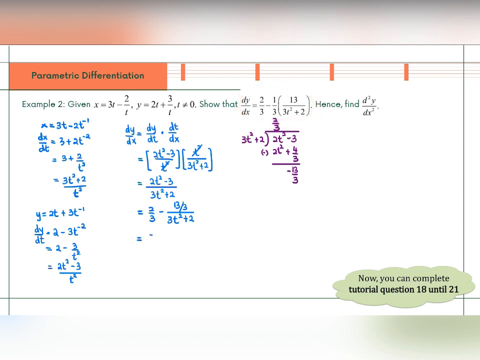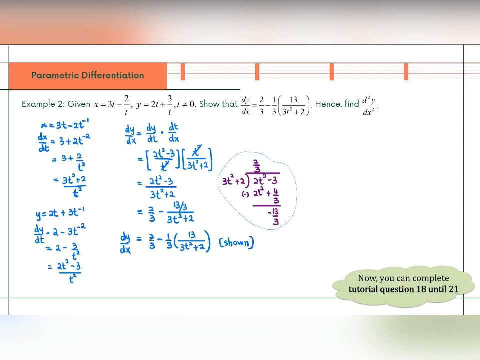So, kita write as what dia minta lah. So, 2 over 3 minus 1 over 3 multiply by 13 over 3t squared plus 2. So, ini adalah dy over dx kita. So, dapatlah shown. Okay. So, kita dah selesai bahagian pertama soalan.